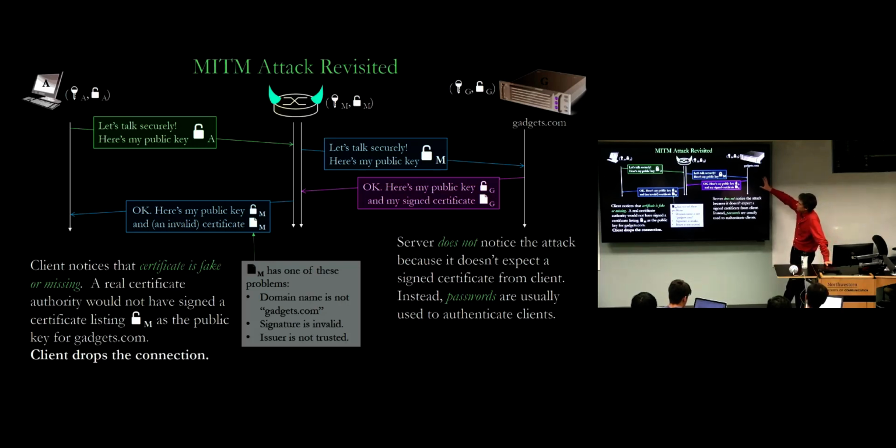So generally, to authenticate the client, we use application layer mechanisms like passwords. So if we want to make sure that the person who's connecting to gadgets.com and asking to see a shopping cart or an order history is actually the person they think that made that order initially, the application is designed to ask for a password that was entered before, and that's not a network level authentication. That's application layer authentication. Does that make sense?